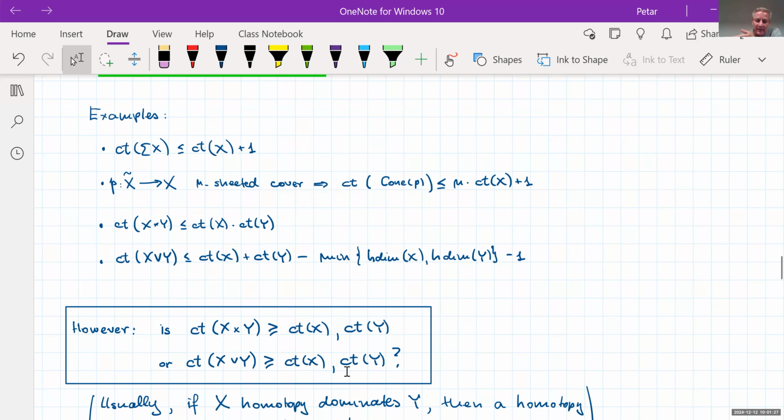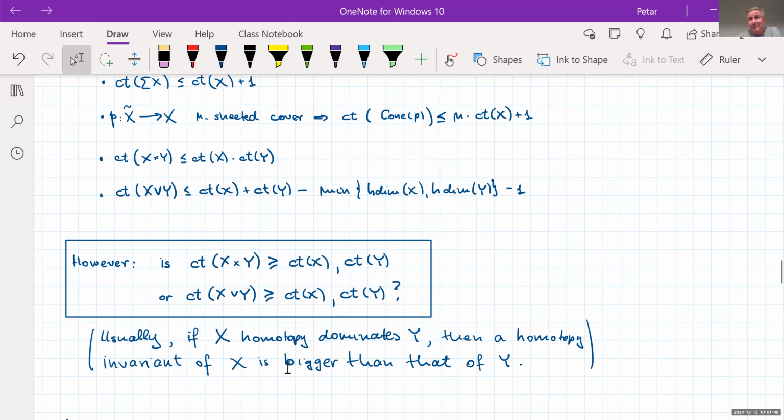So if you make products, the covering type should increase. And also if you wedge things, the covering type should increase.